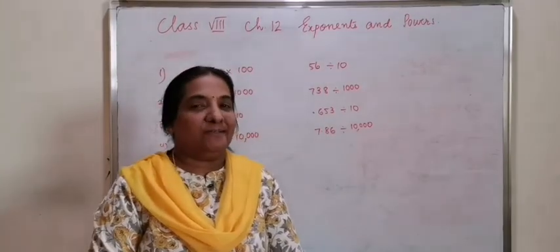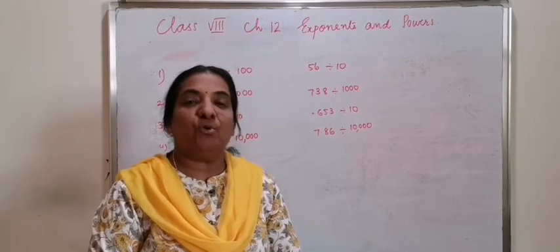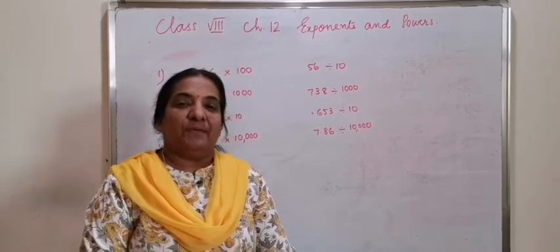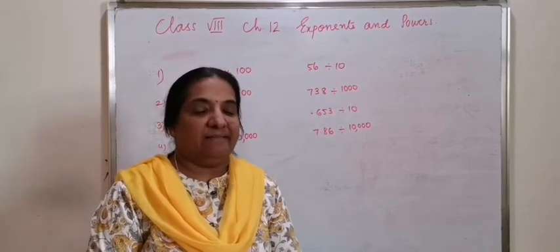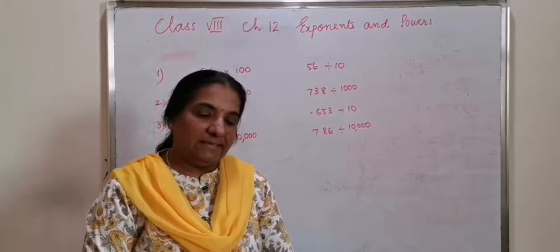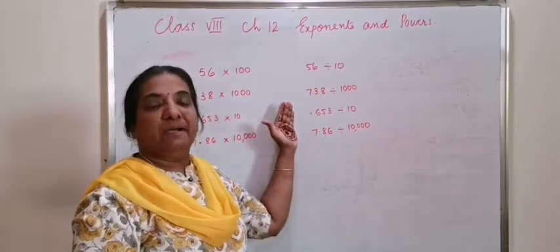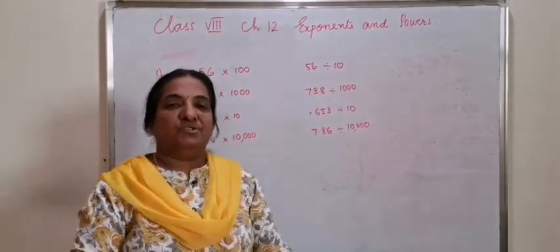Let's review how to multiply a given number, whether it is a whole number or a decimal, with the multiples of 10, that is with 10, 100, 1000 and so on, and how to divide a certain number by 10, 100, 1000 and so on.